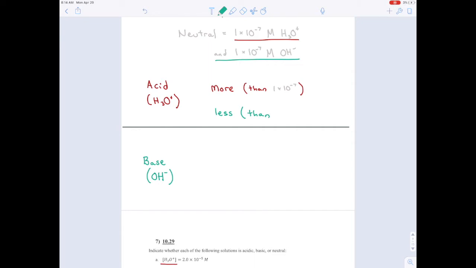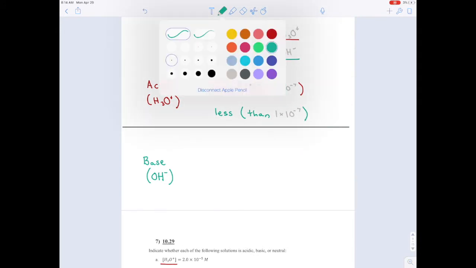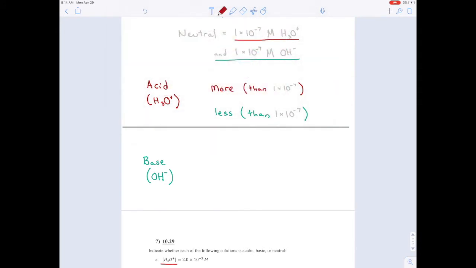Less than 1 times 10 to the negative 7. So if you have more acid, it should make sense that that would make the solution acidic. But if you had less acid than neutral, then it's going to be the opposite of acidic. It's going to be basic.